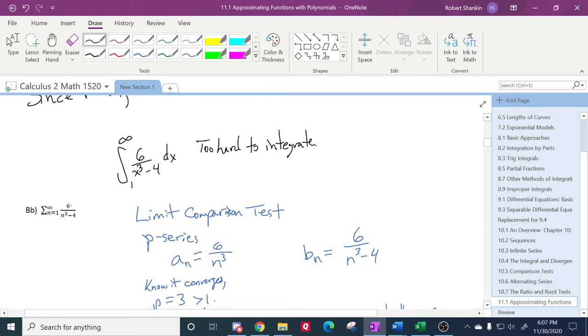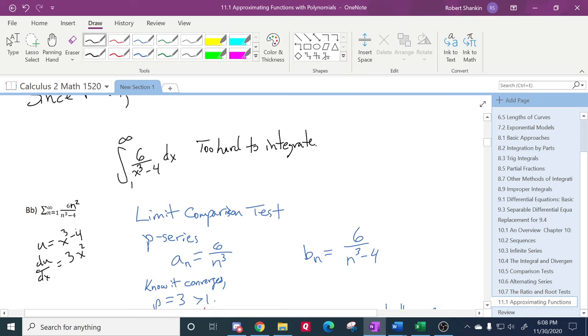If this had an n squared right here, then you could do that, because then you'd take the u being x cubed minus 4, and du dx would be 3x squared.